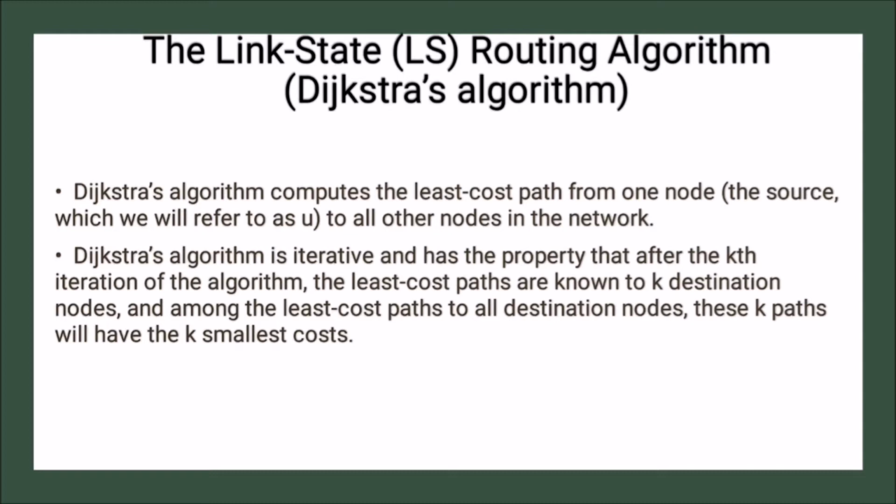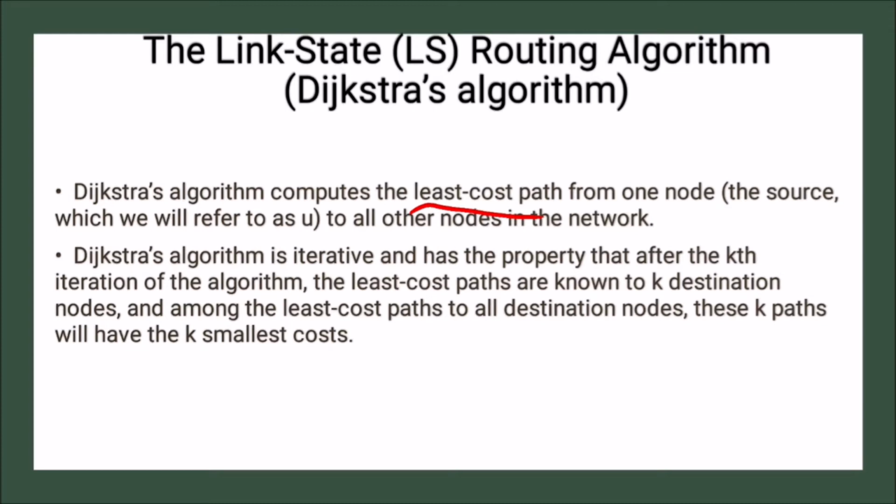Dijkstra's algorithm computes the least cost path, least cost meaning minimum cost, meaning the minimum distance from source to destination, from one node to all other nodes in the network.